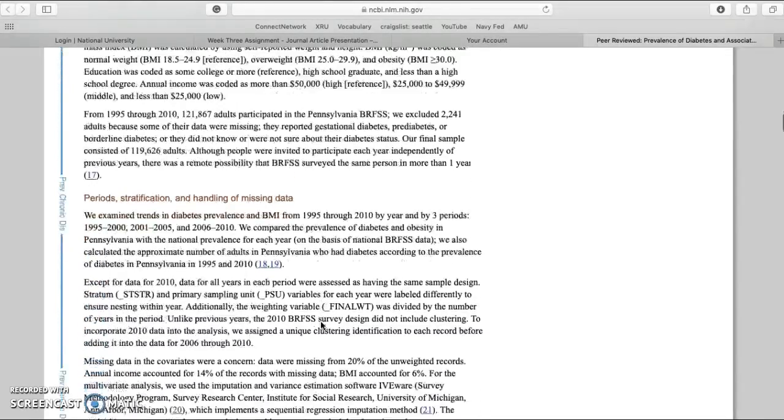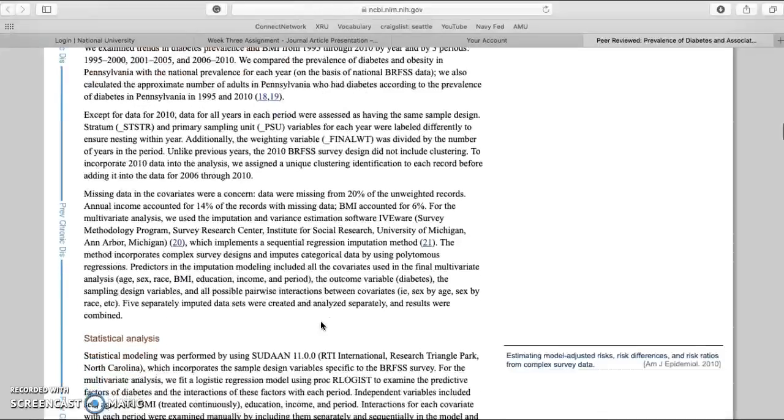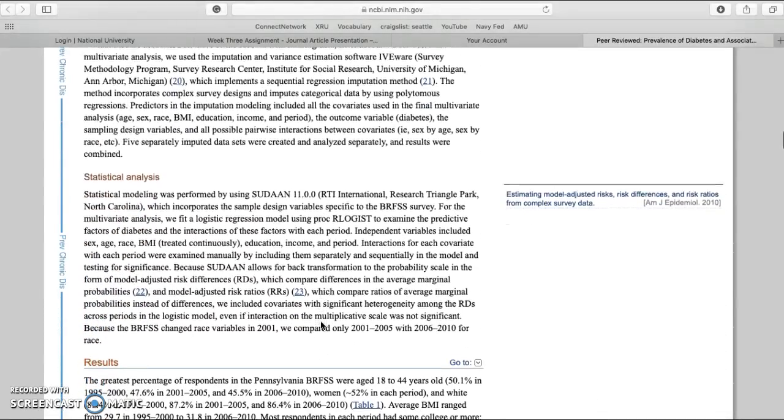So if you go down here to statistical analysis, they used a multivariate analysis that incorporated all those variables we talked about earlier, that is specific to that behavioral risk factor surveillance survey. Specifically, they used a logistic regression model, and that was the PROC LOGISTIC.